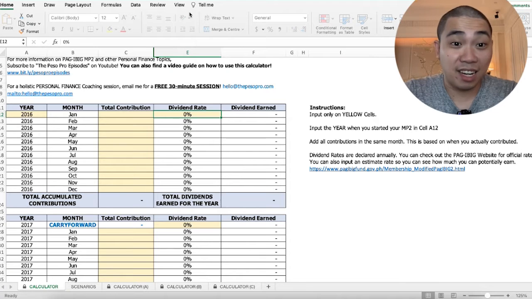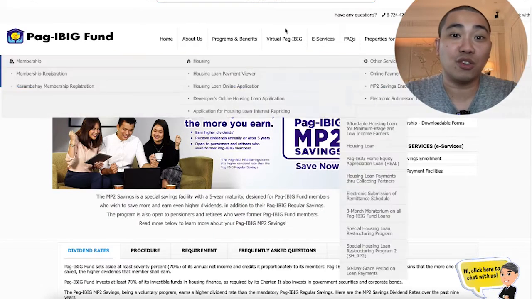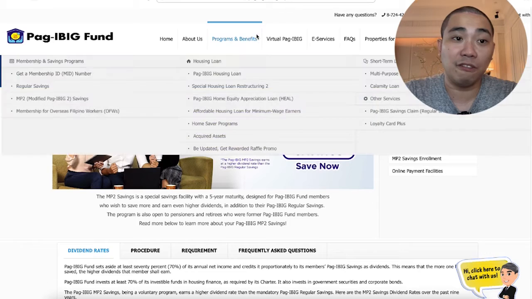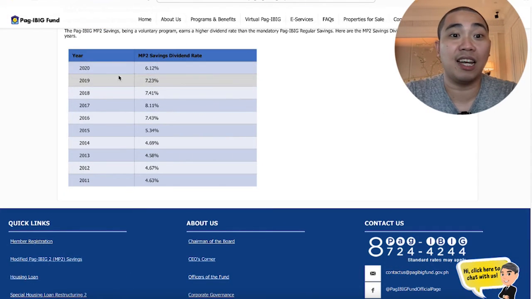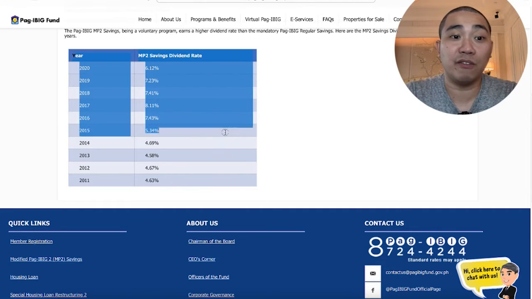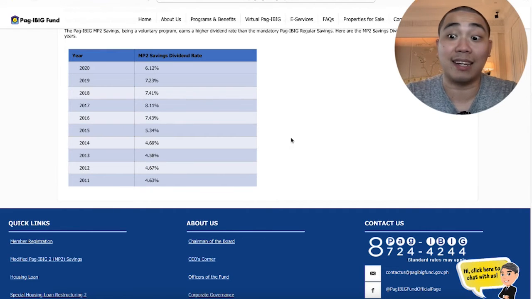Now, ang tanong, saan ko ba malalaman yung dividend rate na yun? For historical rates, meaning for years na natapos na po, I link that website here. So you can actually click this and it should land you to the Pag-ibig Fund landing page. And mag-scroll lang po kayo sa ilalim, you will see the various dividend rates, I think, for the last 10 years.